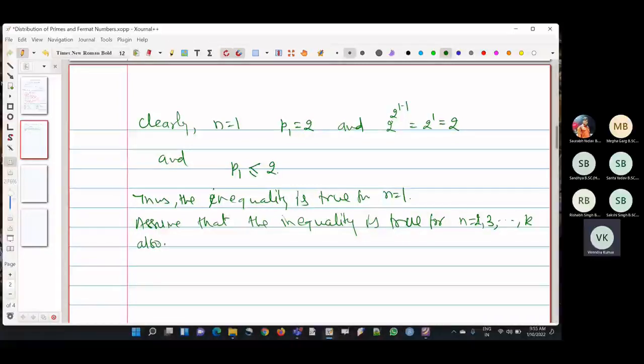So we have verified that the result is true for n equals 1, and similarly we can verify for 2, 3, maybe a few initial values of n, but for the rest we can assume based on our previous verification. So that gives us pi is less than or equal to 2 to the power 2 to the power i minus 1, where i takes values 1, 2, 3 up to k.